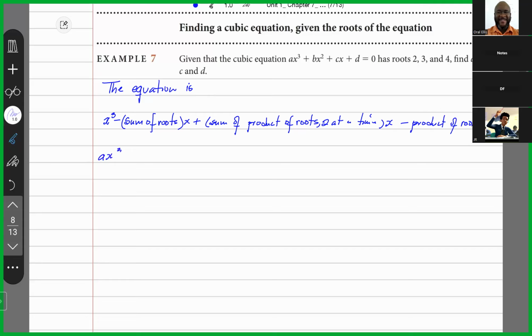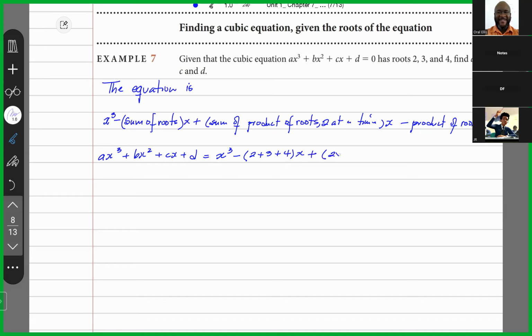So that being said, the equation ax cubed plus bx squared plus cx plus d would be equal to x cubed minus the sum of the roots. So that would be 2 plus 3 plus 4 x squared plus the product of the roots 2 at a time.